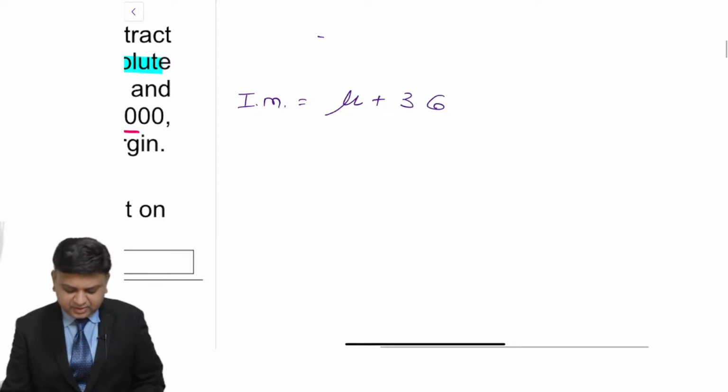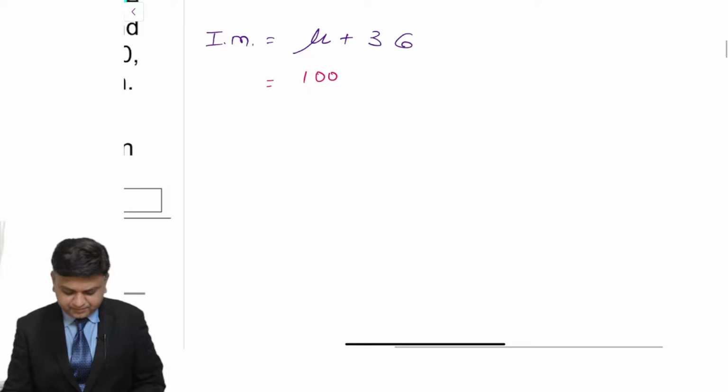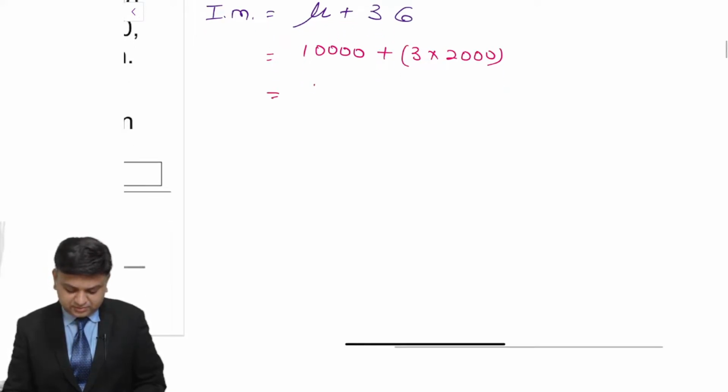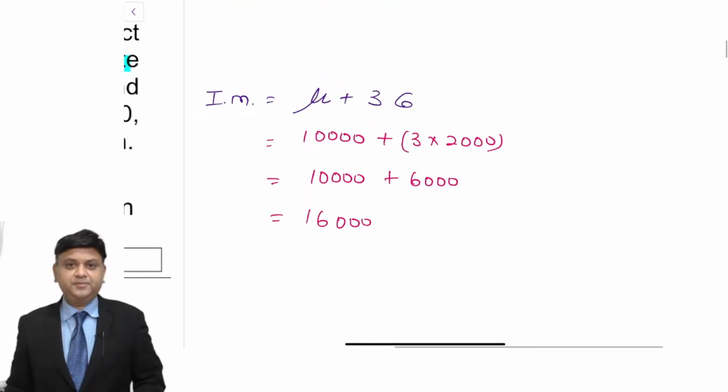This is the way we are required to compute the initial margin. What is the value of mu? It is an amount of 10,000 plus 3 into standard deviation, that is 2,000. So 3 into 2 comes to 6,000. So 10,000 plus 6,000. This is the way the initial margin of 16,000 will be calculated.